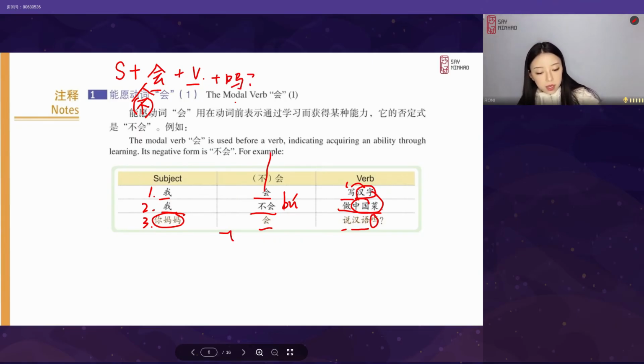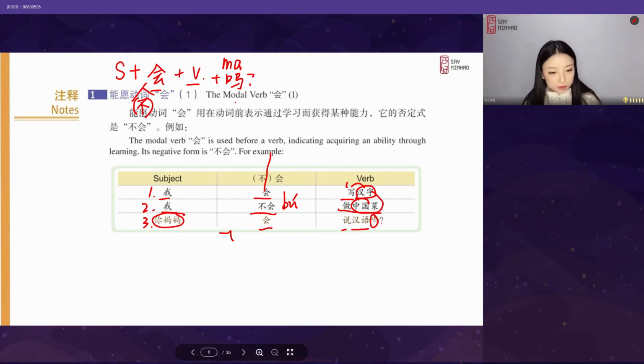Someone 会 something 吗? This is the structure. For example, 你会说汉语吗？Can you speak Chinese? This is the structure of the modal verb 会.